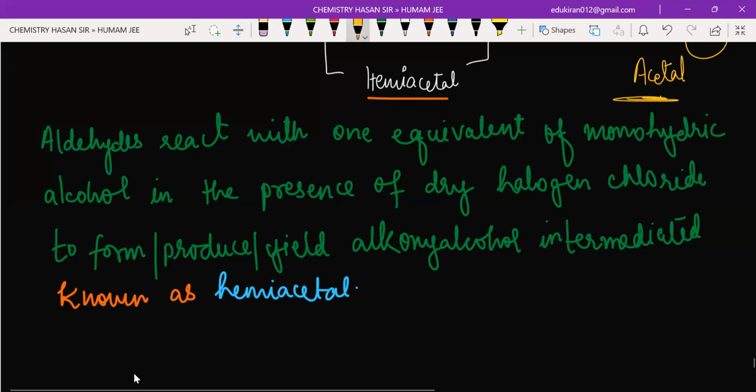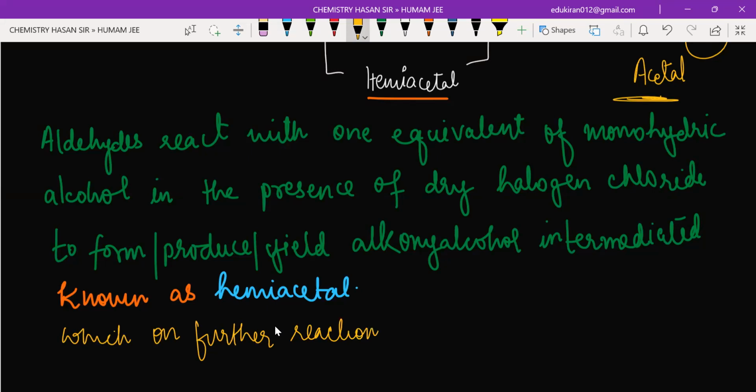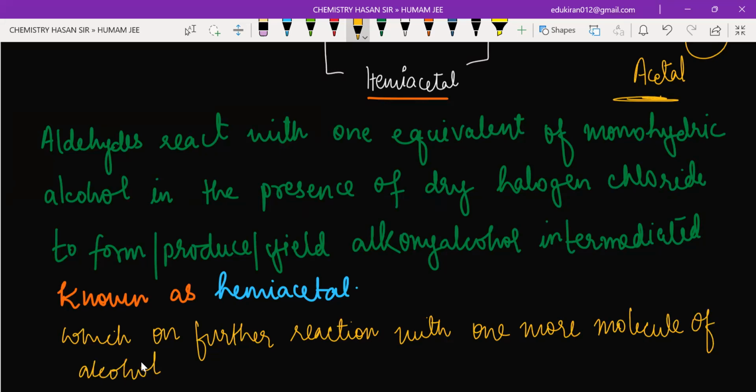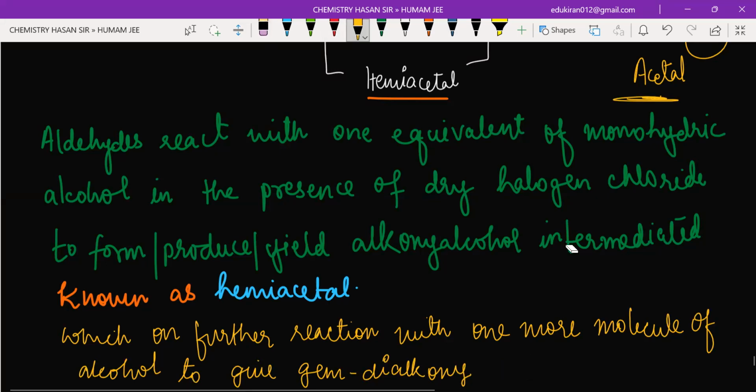Now, which on further reaction with one more molecule of alcohol to give gem dialkoxy, not alcohol now, gem dialkoxy compound known as acetal.